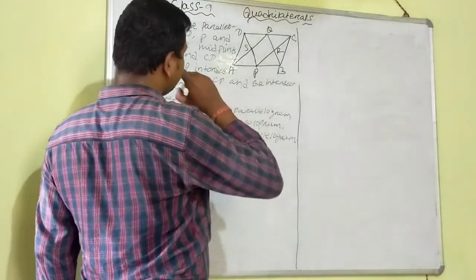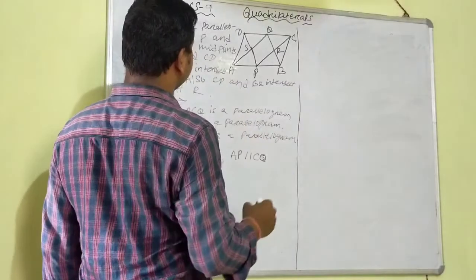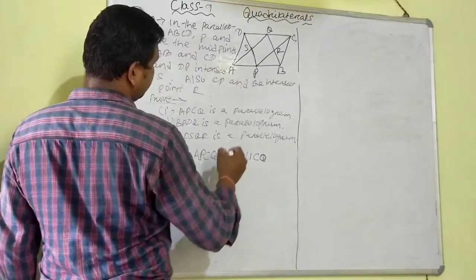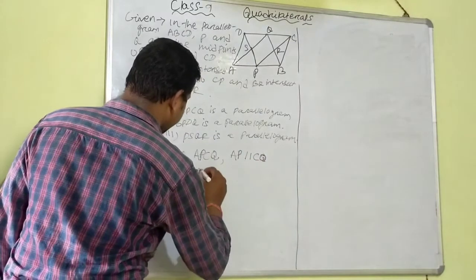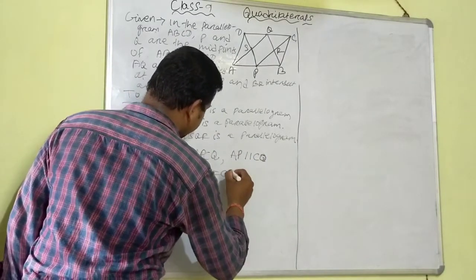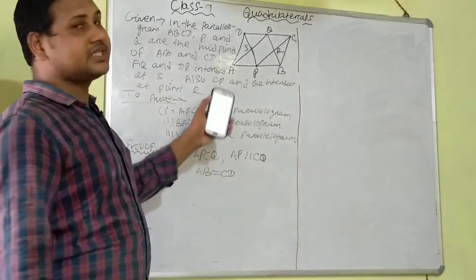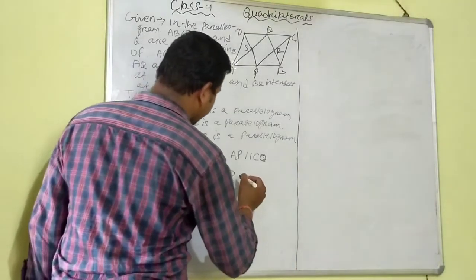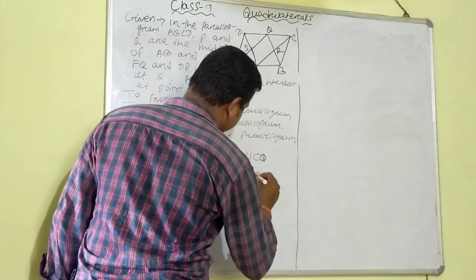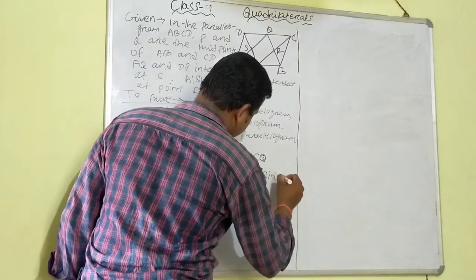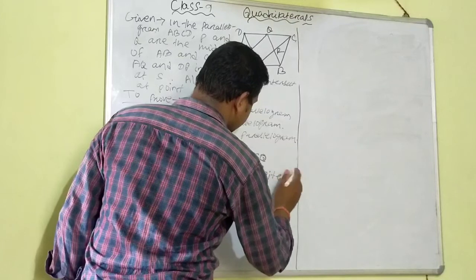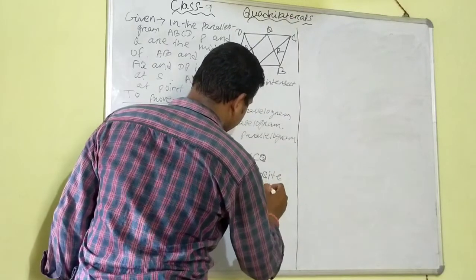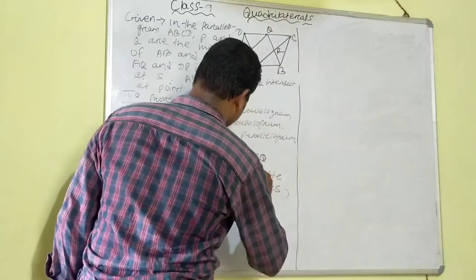And we can say AB equal to CD as opposite sides of a parallelogram. So these two are equal.